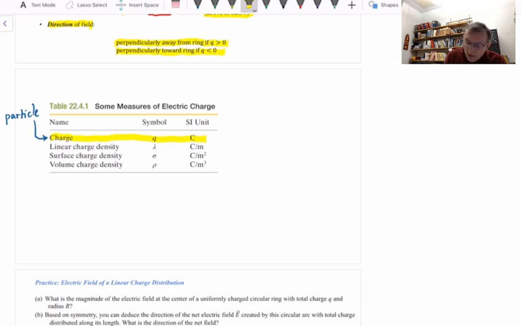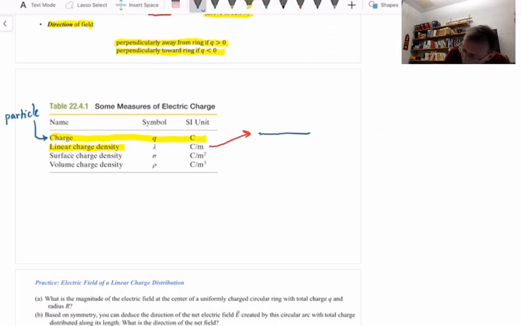What if it's what's called a linear charge density? That's something that's shaped like it's basically one-dimensional, like a line, like this pencil. So I'm talking about shapes like this, a line like that, like this pencil.